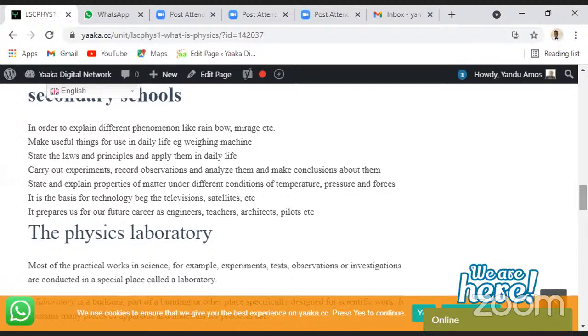This phenomenon is something very scientific, where you'll be required to explain using the knowledge of science. Then we have useful things for use in our daily life. We have the weighing machines. We can use them to determine weight, to determine our mass, and so many things.